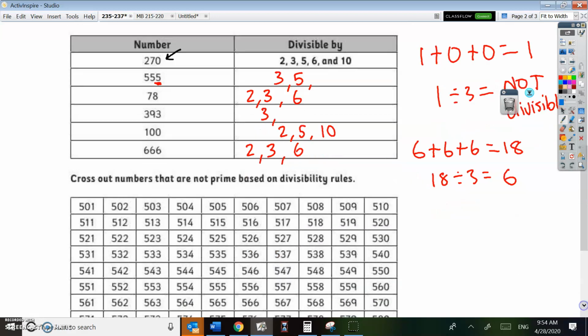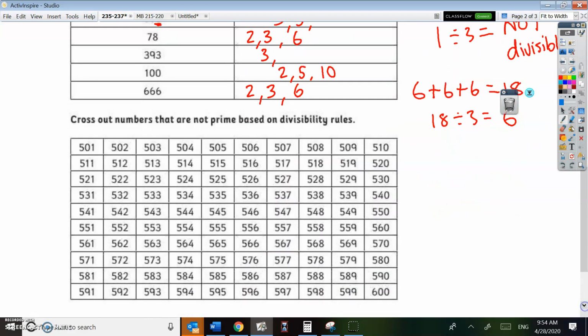So let's cross out numbers that are not prime based on divisibility rules. So we know all of the even numbers are not prime. We know all of the numbers that end in 5 are not prime.